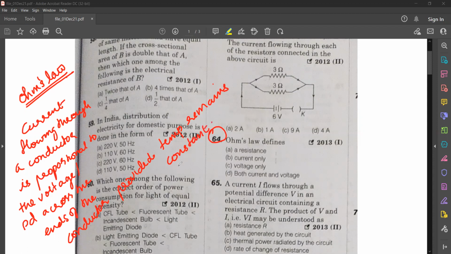So that is Ohm's law. That is, V and I are proportional, V equals IR. That is Ohm's law.